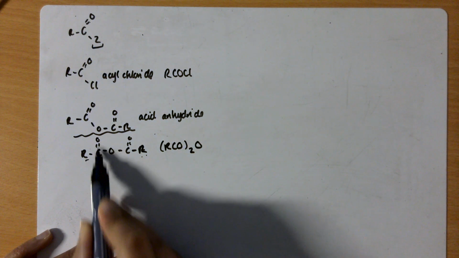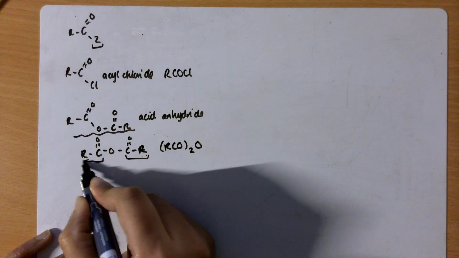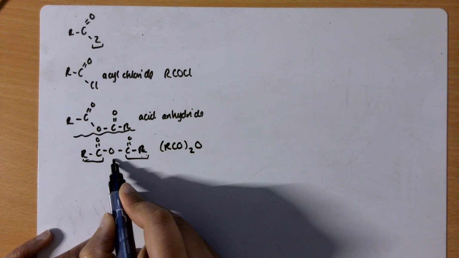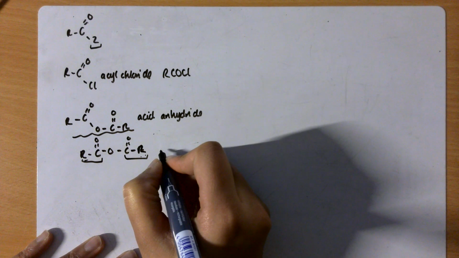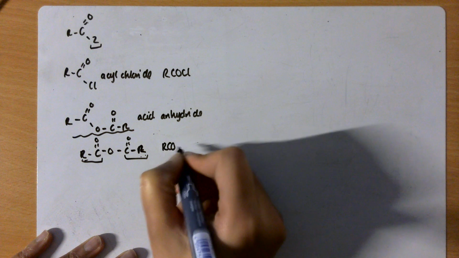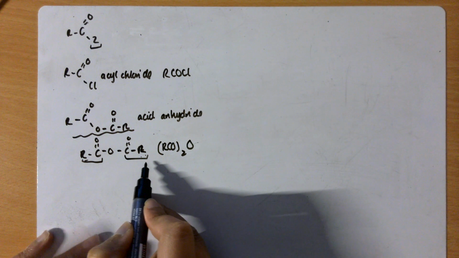So I have an RCO, two of them, because I have one on this side, one on this side, directly bonded to an oxygen. Alternatively, I could write this out as it reads.